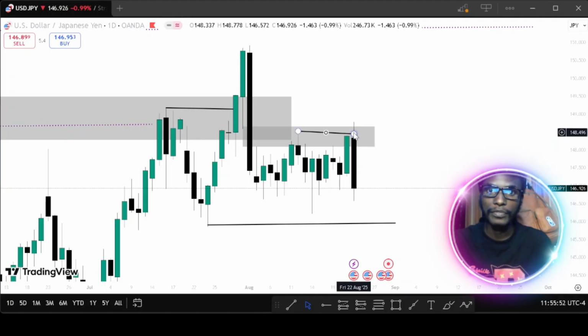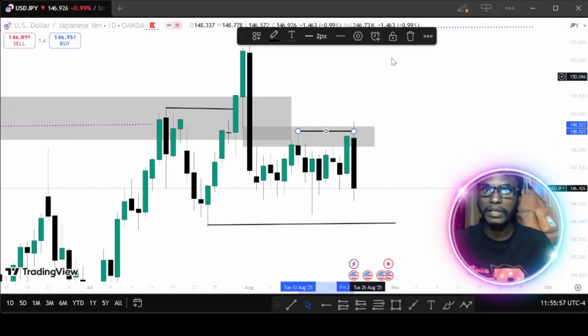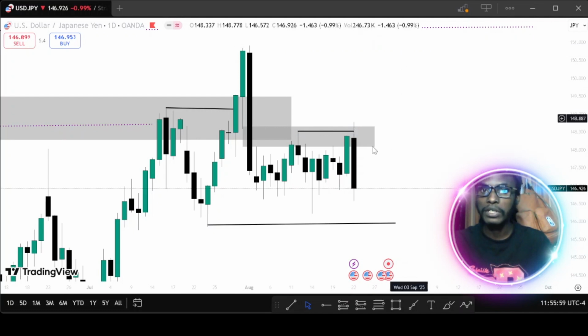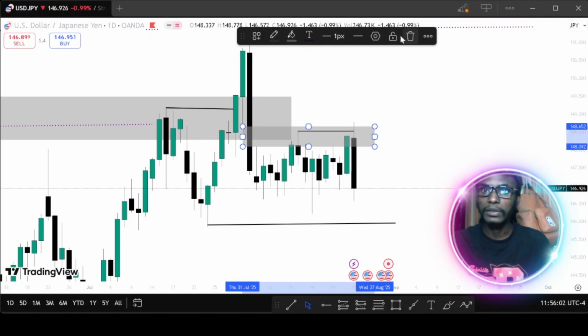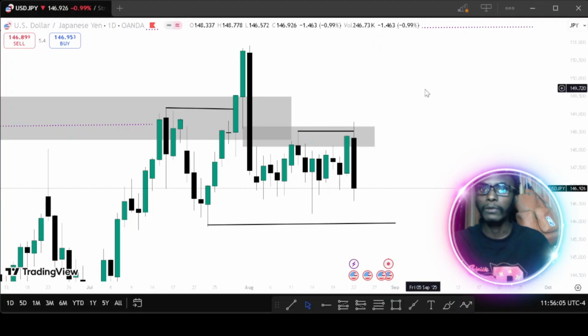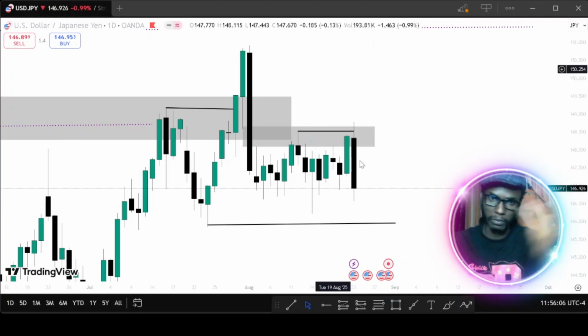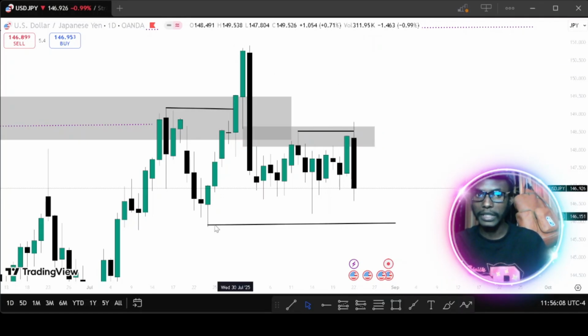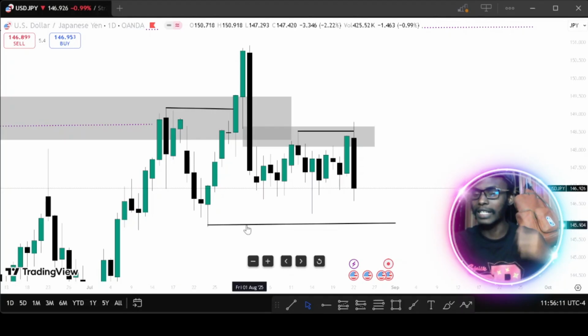So after the sweep of this inducement, price gave us this massive candle as a bearish engulfing candle for the continuation of this bearish movement. So this is our new swing low as our external range.